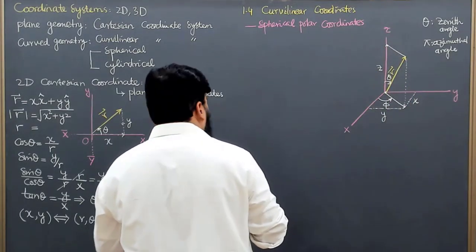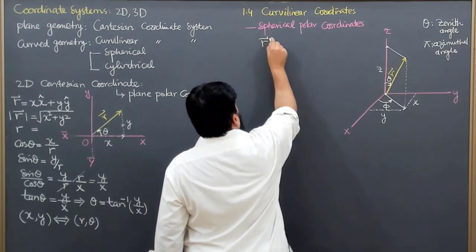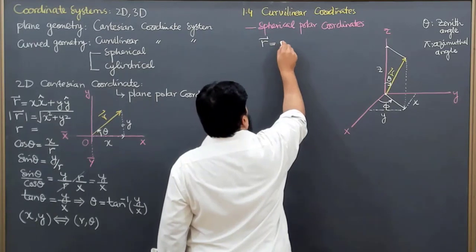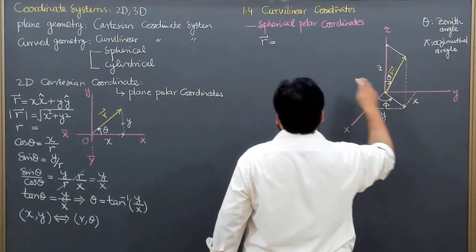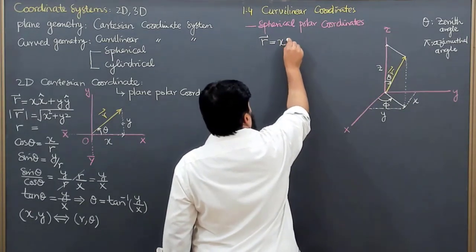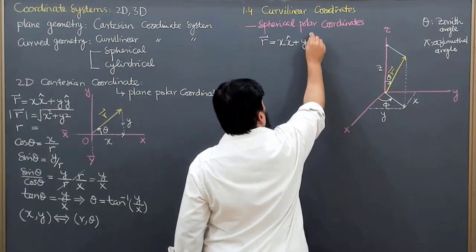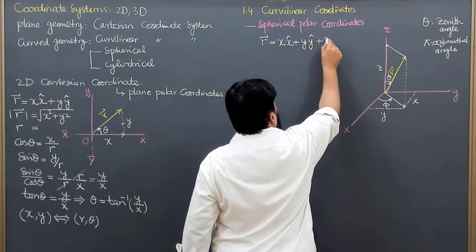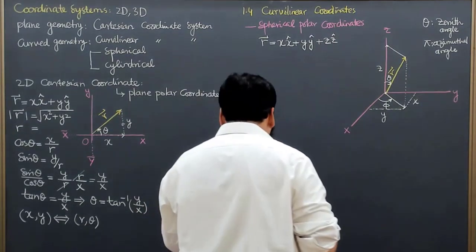So I can write that our vector r in three dimensions is r equals the x component in the x unit vector, the y component in the y unit vector, and the z component in the z unit vector.